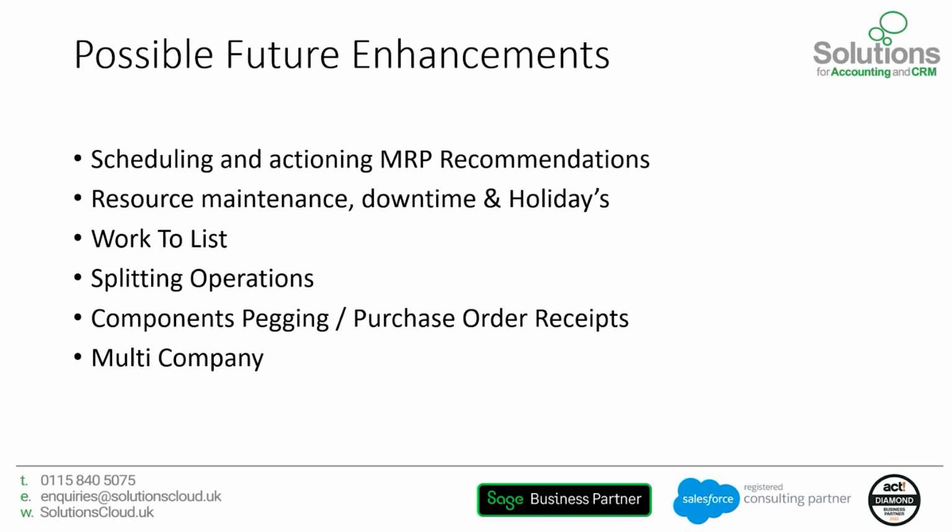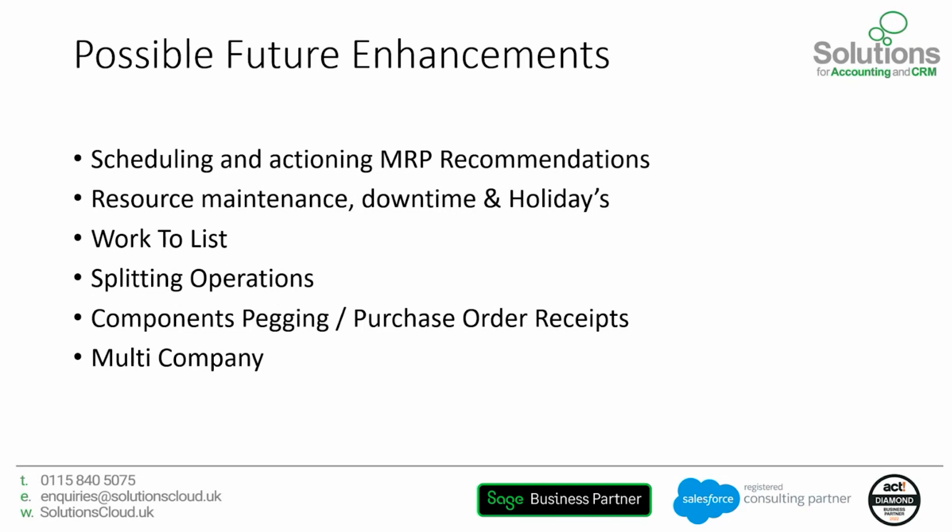Another item that is on the possible future enhancements list, although to a degree it already exists in the Cim50 data, is that the graphical scheduler will send information back to your works orders, and within the Cim50 program itself, there's the work to list and work to view that you can look at.